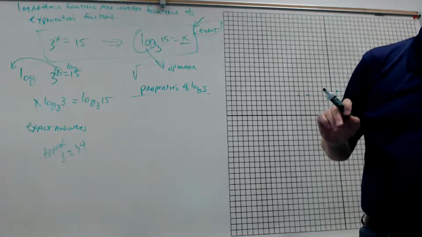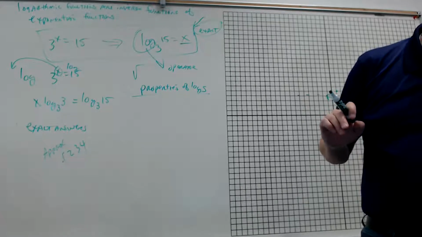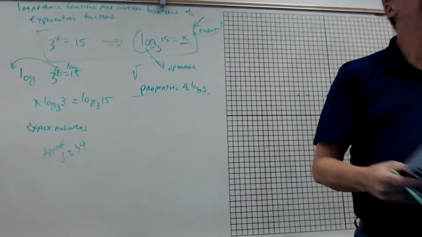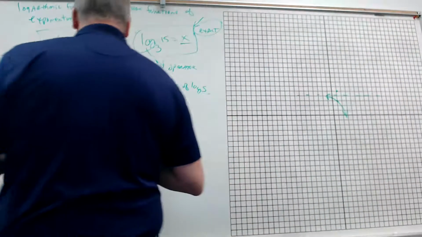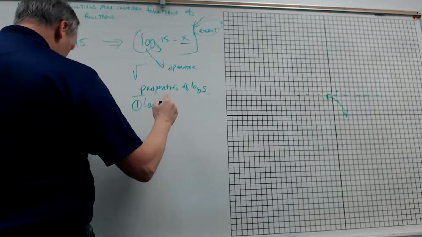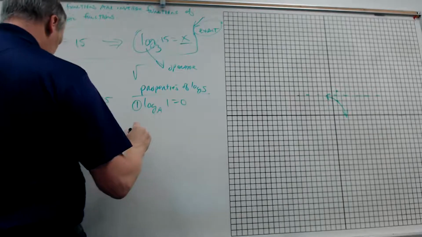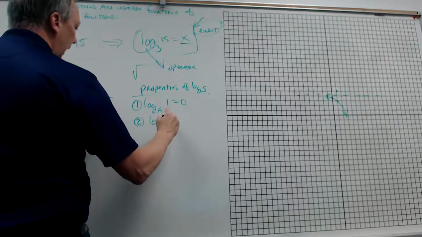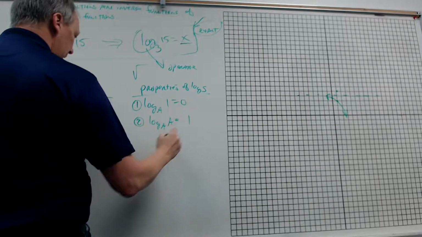Okay, so the 4 properties that I want you to know by tomorrow, and I want you to remember them for the rest of your lives. Rule number 1, log base A of 1 equals 0. Rule number 2, log base A of A equals 1.